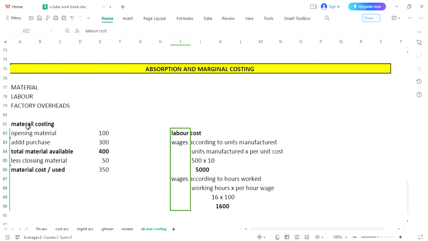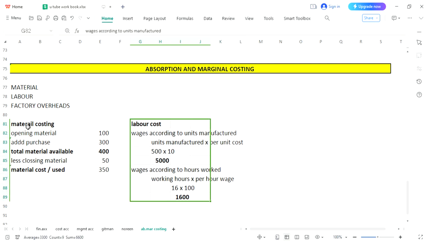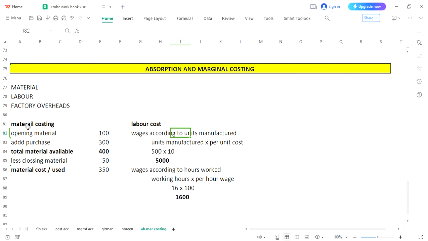Factory overhead, as you know, is again costing and expense. Factory overheads. First thing to understand is these are indirect expenses. Expenses which are indirect means not related to production.